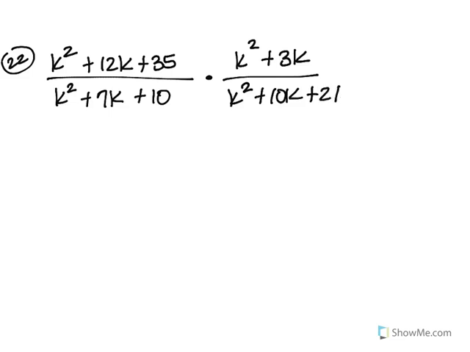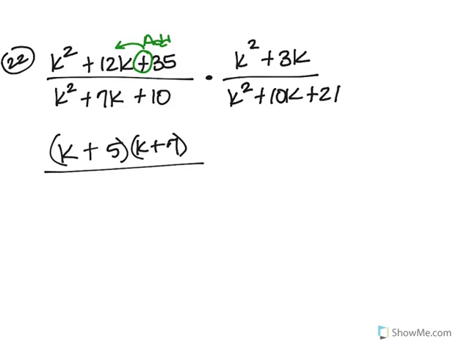All right, so this is a multiplication, and we're just going to take each top and bottom separate. Now, the first one looks like just a trinomial. So we are adding to get 12. So what two numbers from 35? 5 and 7, good. Both positive? Yes. On the bottom, we're adding to get 7. 5 and 2, both positive?